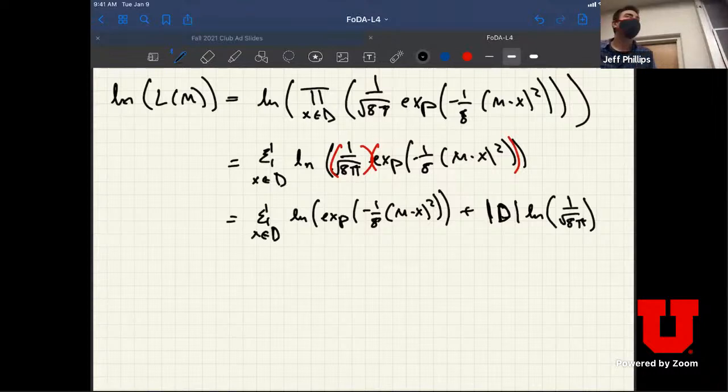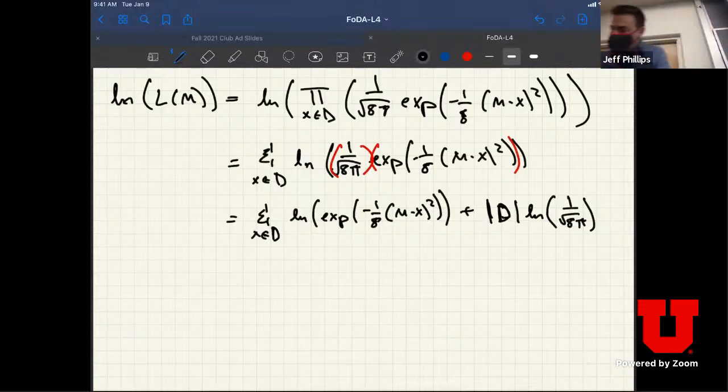The size of D appears because I've taken a sum over this part here, and I broke this into two parts. Each term, each product here, I can break into two pieces. The log of 1 over square root 8 pi is the same for all of the terms in the sum, so I can just count them.